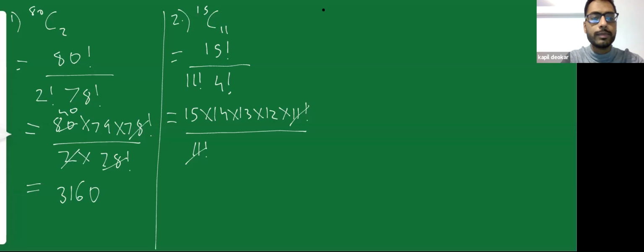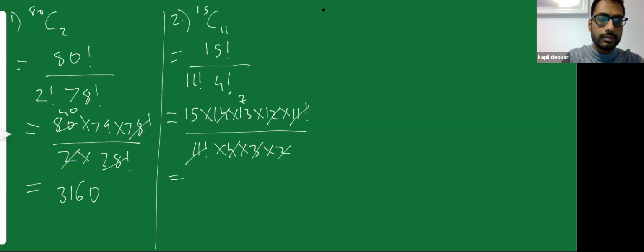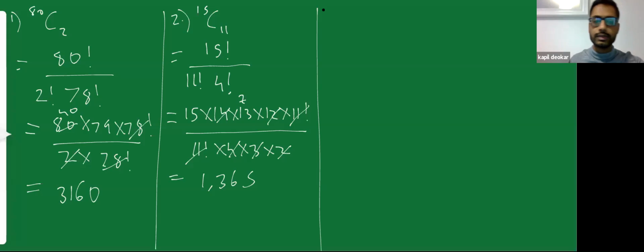So that I can cancel it out from numerator and denominator. And I can write 4 factorial. 4 factorial is what? 4 into 3 into 2 into 1. So 4 3s are 12 and 12 will get cancelled out. 2 1s are 2, 2 7s are 14. And then multiply these terms. After multiplication, you get your answer as 3160 and 1365. Yeah. So this is the answer.